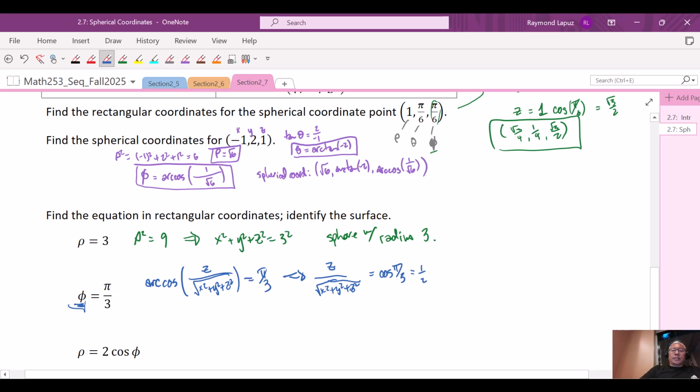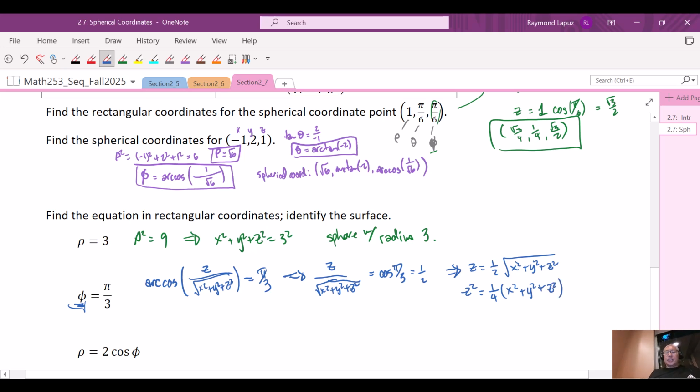And then let's get z alone by multiplying both sides by the square root of x squared plus y squared plus z squared. And then if we square both sides, we're going to get z squared is equal to, we're squaring it, so that's 1/4, x squared plus y squared plus z squared.